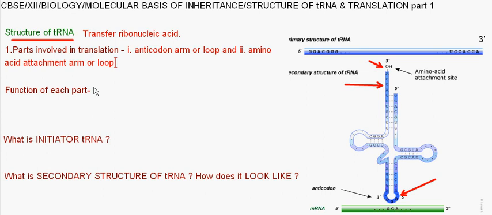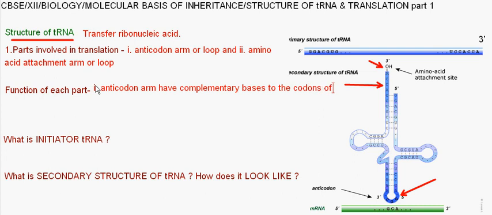From the name only we can understand. So the anticodon arm or loop has a specific anticodon, specific or complementary. The anticodon arm has bases complementary to the codons of mRNA.